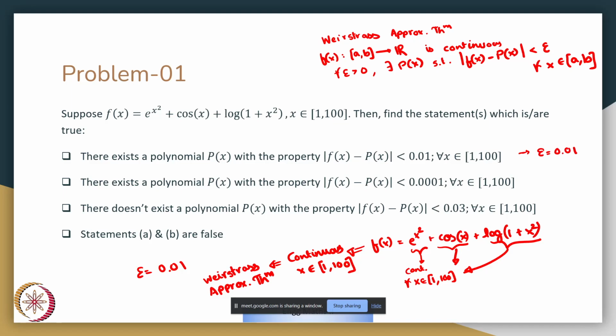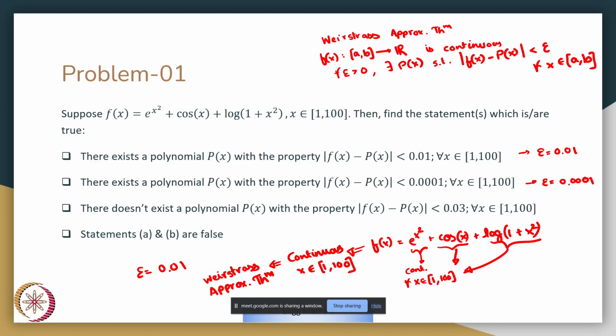Same thing you can see in the second statement, which states that there exists a polynomial p of x with the property that modulus of f of x minus p of x must be less than or equal to 0.0001 for all x belonging to 1 to 100, which gives us epsilon equal to 0.0001. The third statement states that there doesn't exist a polynomial with the property that the absolute value of f of x minus p of x is less than 0.03.